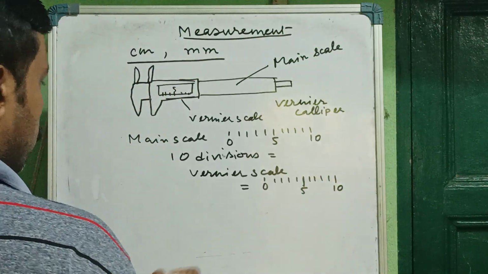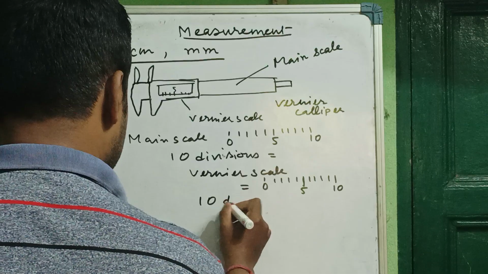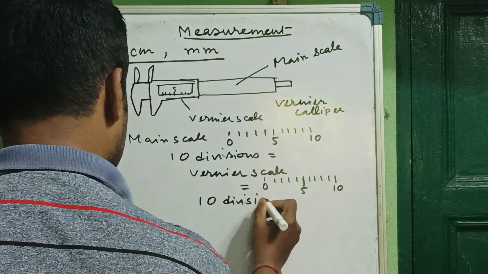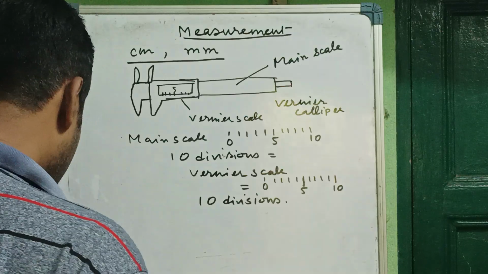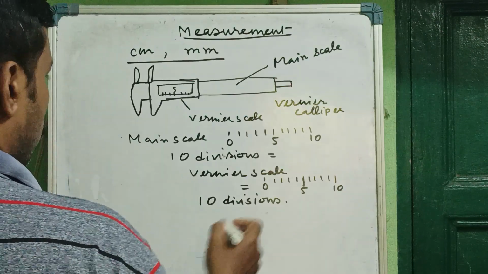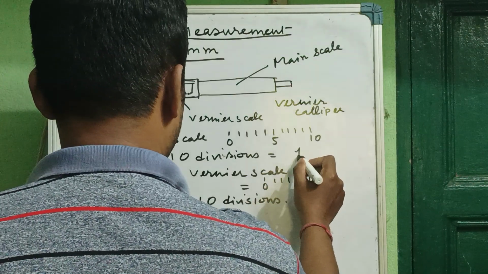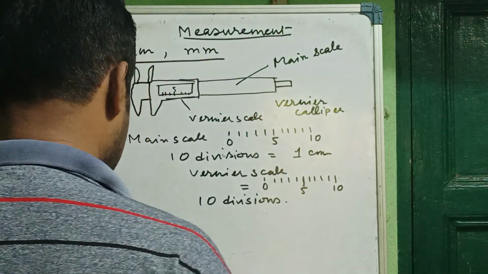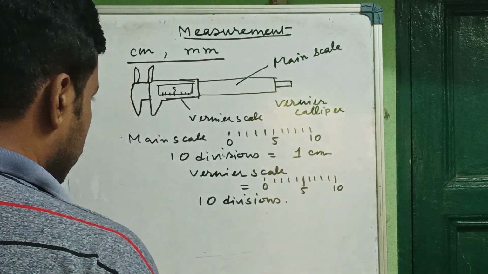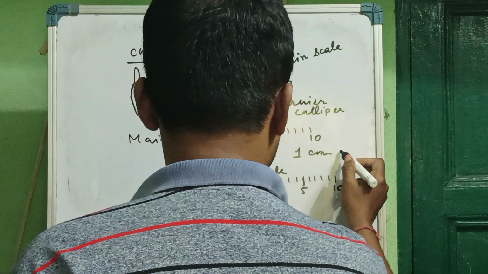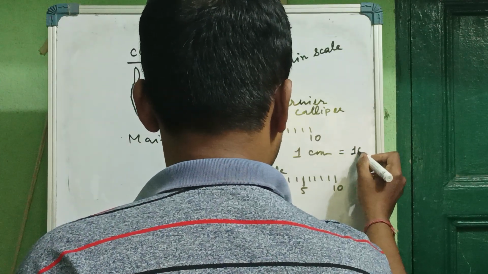The Vernier scale also has 10 divisions. So main scale 10 divisions equal 1 centimeter, and 1 centimeter means 10 millimeter.